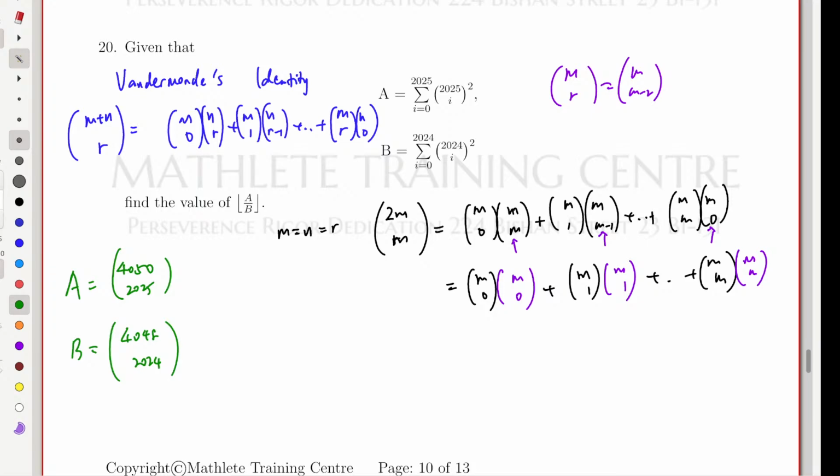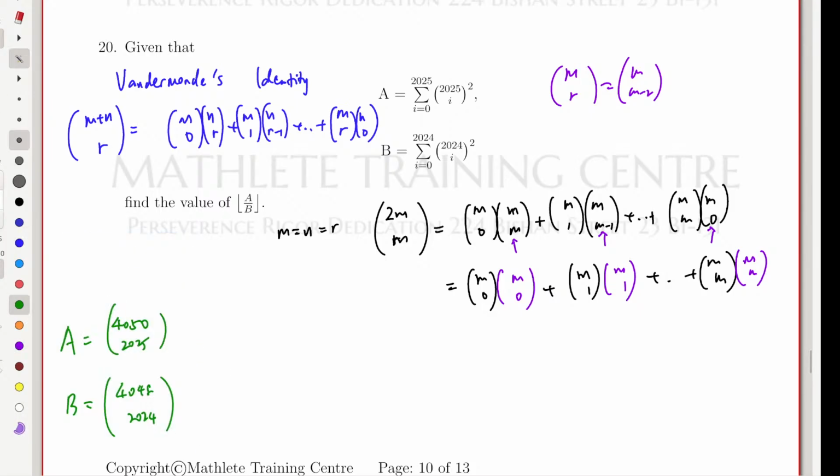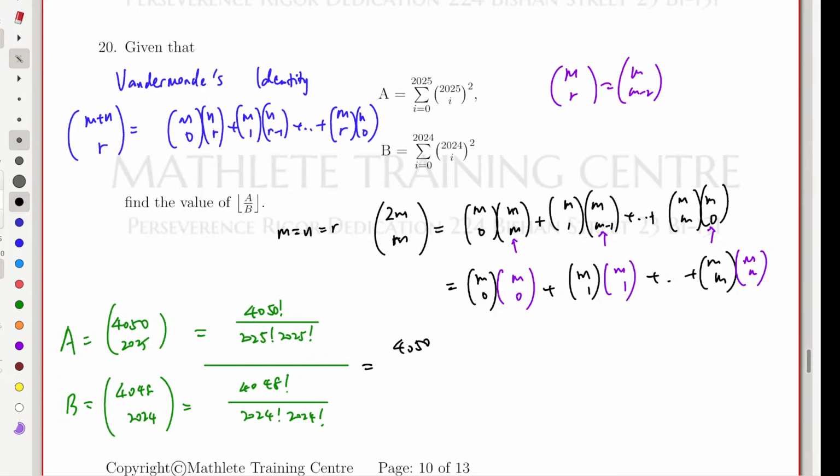Then we're going to divide A by B. So A is 4050 factorial over 2025 factorial times 2025 factorial, divided by 4048 factorial over 2024 factorial times 2024 factorial. So simplify. That's 4050 times 4049 when you cancel out the big factorials. Then you're dividing by 2025 when you cancel out the small factorials. So this is what it looks like.